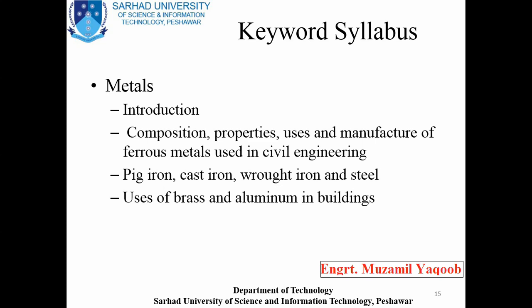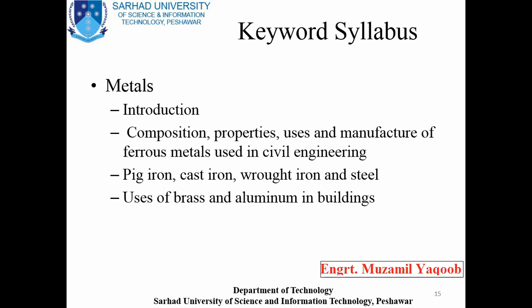which is our 10th chapter, we will study about metals. Some common metals which we have in our daily life are aluminium, copper, zinc, silver, and gold, as we all know. So we will study their compositions, their properties, and use as a construction material.